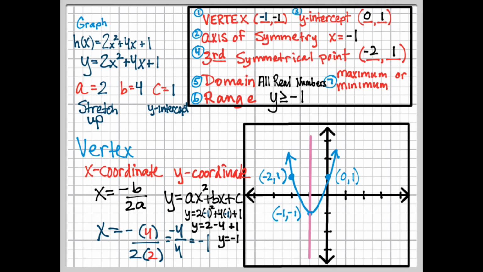And on this problem, it's the y coordinate of the vertex. It will not go below -1. So although our parabola will go up forever, it will not go below -1. On this problem, our minimum is going to be -1.